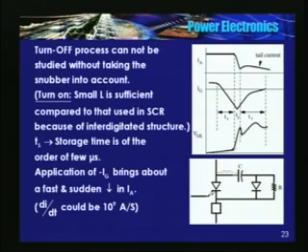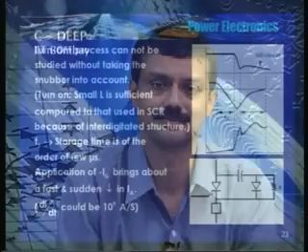So therefore, the snubber circuit layout is very important. The loop inductance, the inductance that I have shown in dotted lines, should be as small as possible. Snubber circuit layout is very critical in the case of a GTO.